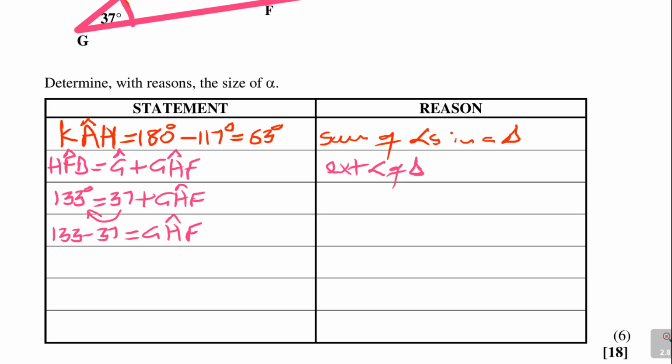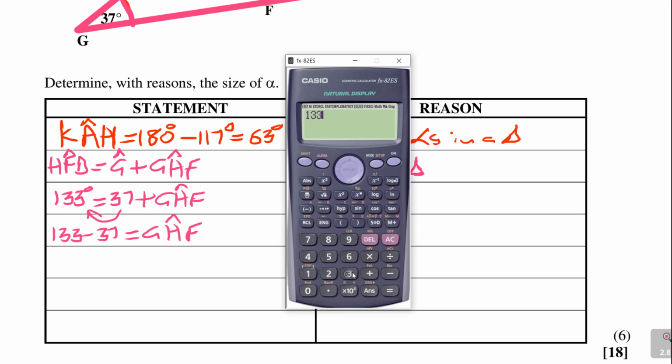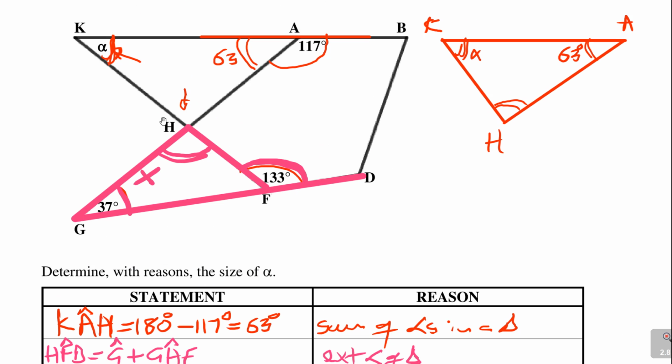See that? So we use our calculator to say what is 133 minus 37. Then you get what? 96. So 96 degrees is equal to GHF. So we are still here. 96, we're here.